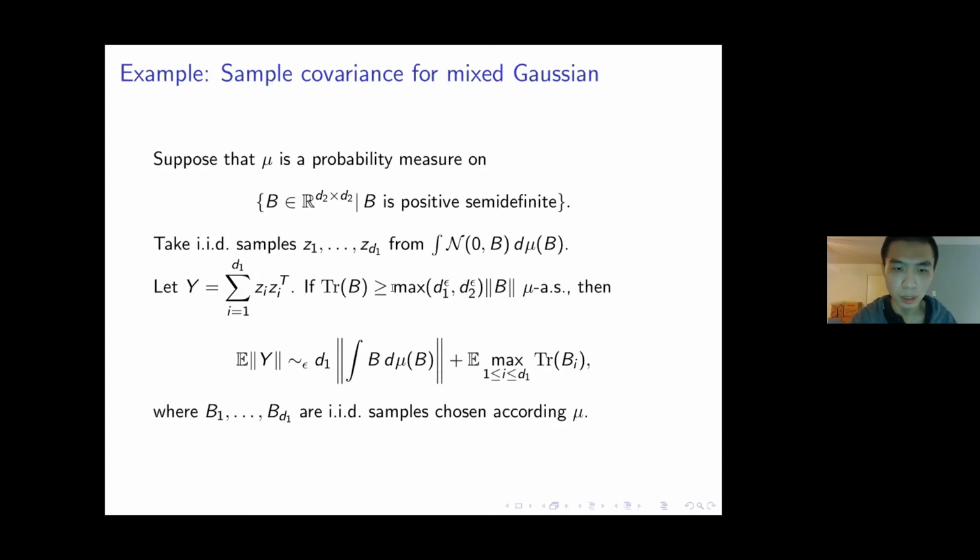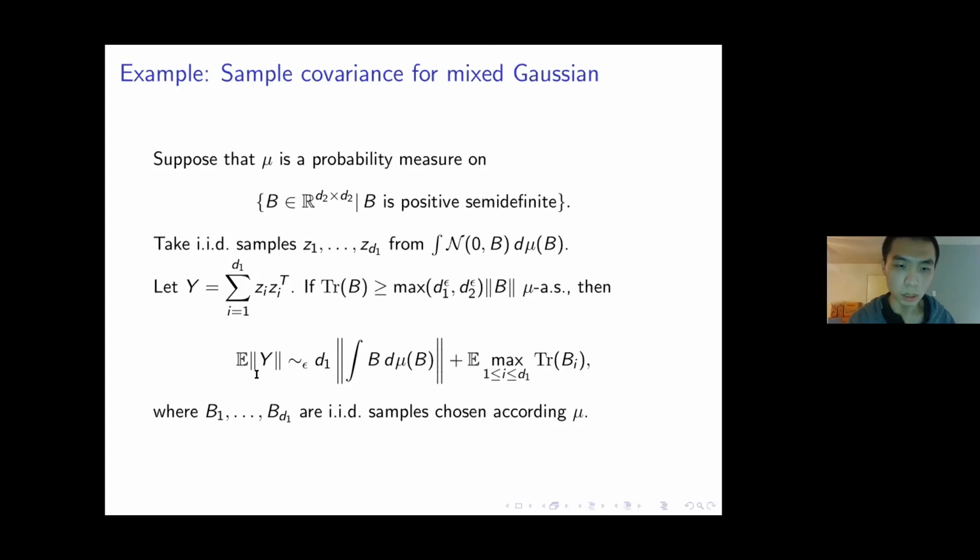If almost surely it is thick enough, so the trace of B is much bigger than the spectral norm of B, so the effective rank of B is not too small almost surely, then we get such an estimate. So up to a constant, this is equivalent to this.